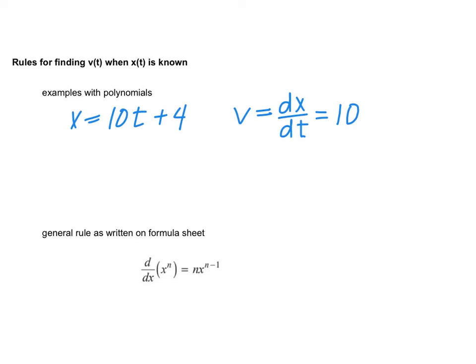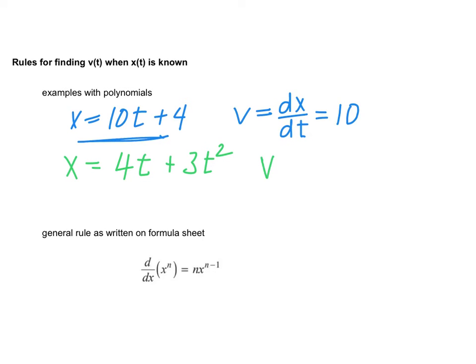That should make sense, because this is like the constant speed idea, and the slope of this line would just be 10. Let's look at something a little bit more complex, though. What if x was equal to 4t plus 3t squared?